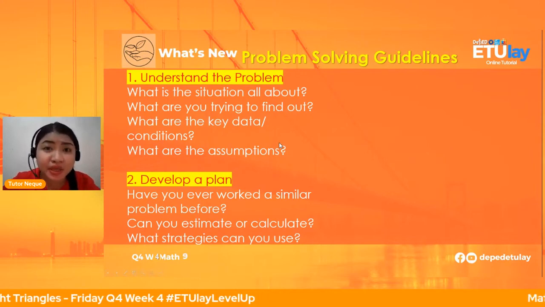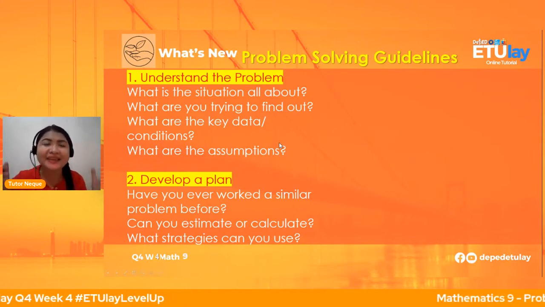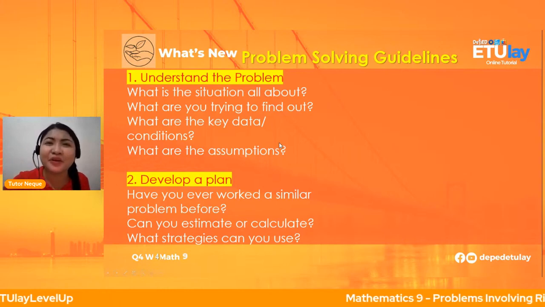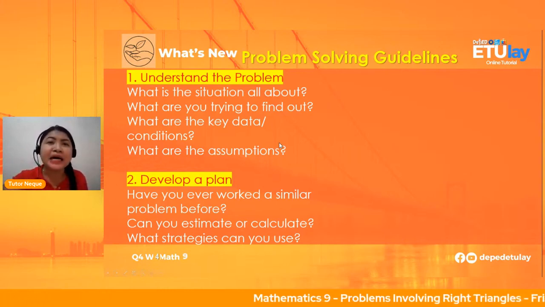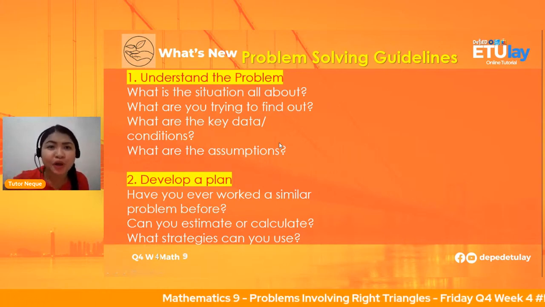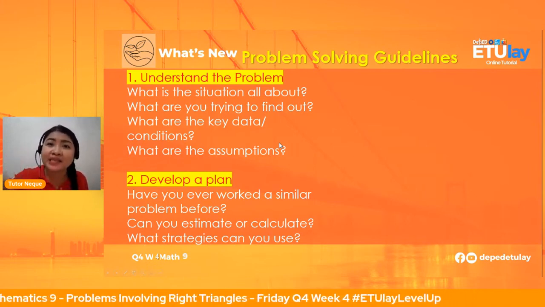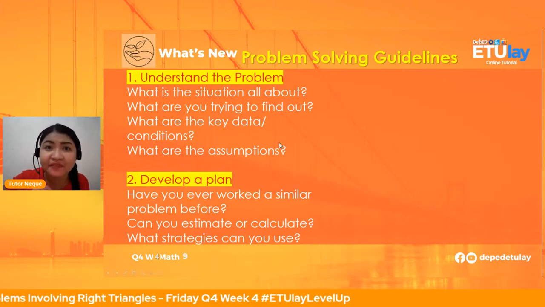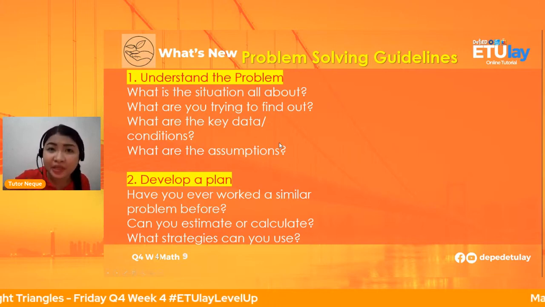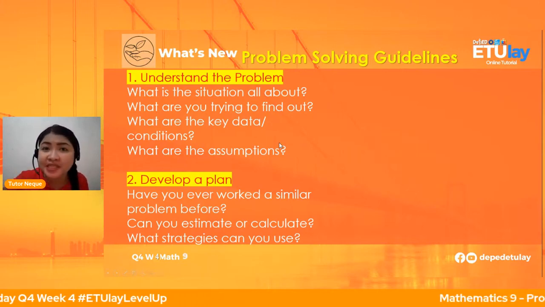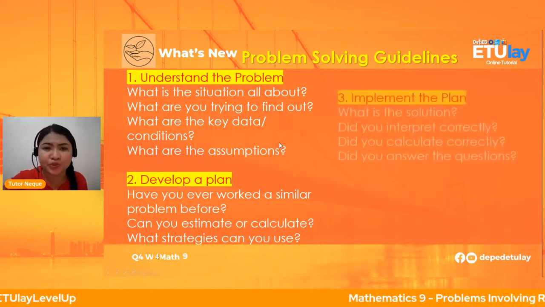And what strategies you can use? For the right triangle in trigonometry, ang ating tip, you have to draw. You have to illustrate, especially kung nasaan yung angle, yung ating reference angle, because it will tell you nasaan ang adjacent, opposite side, and hypotenuse.